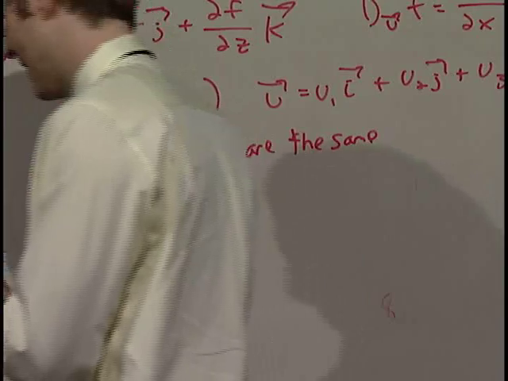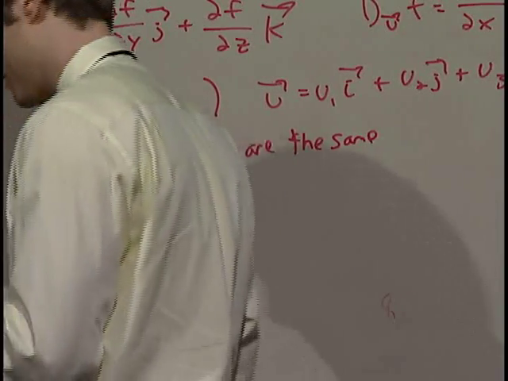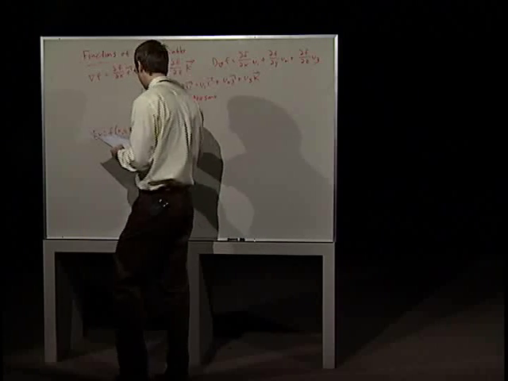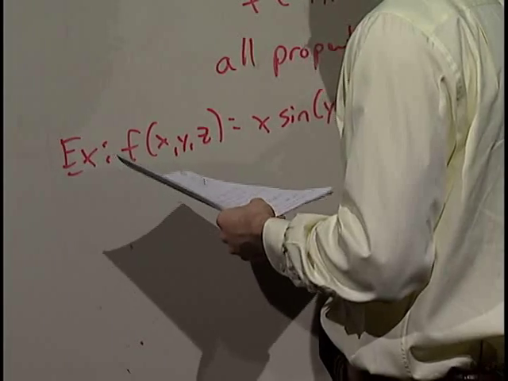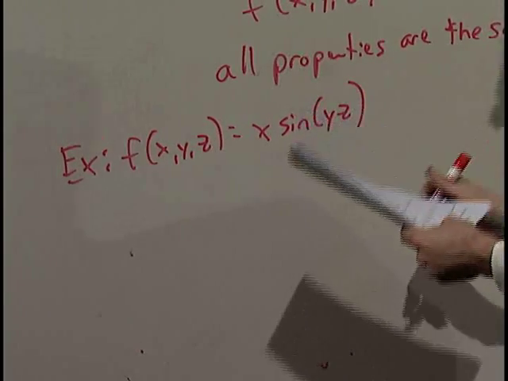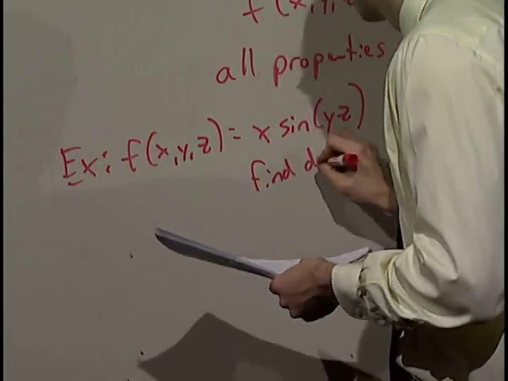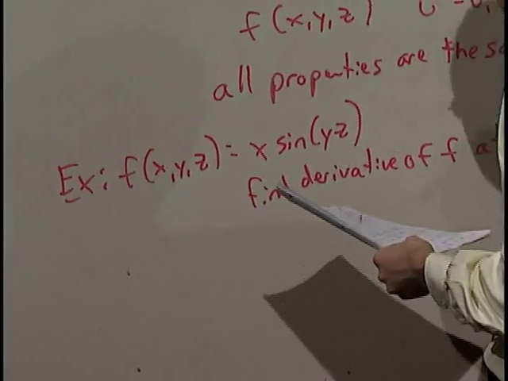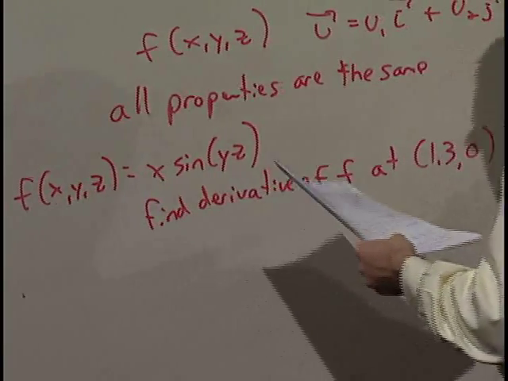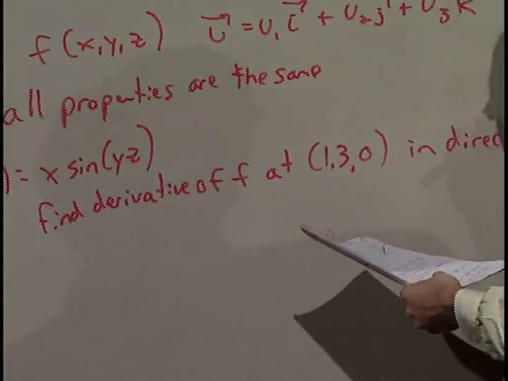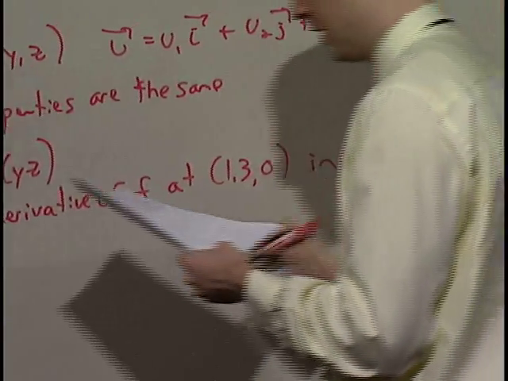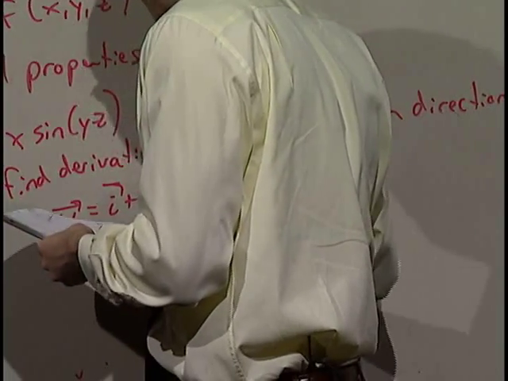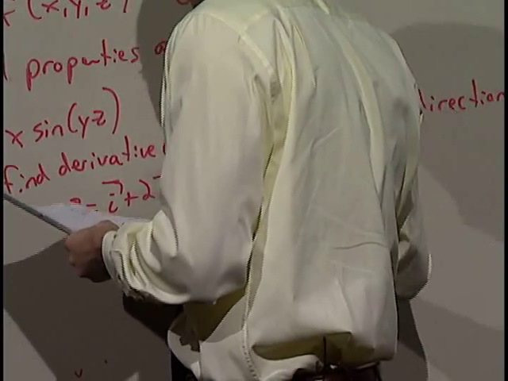Okay, so an example. Look at this very briefly. So f of x, y, z is x sine yz. So let's find the derivative of f at the point 1, 3, 0 in the direction of i plus 2j minus k.